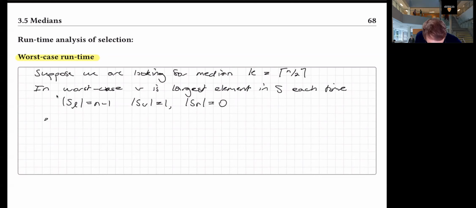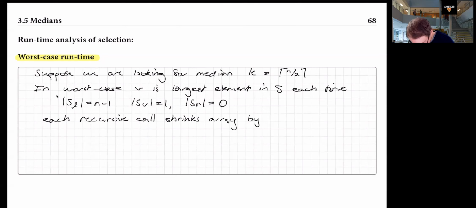So each recursive call shrinks the array by 1, right? Because now we're just going to search for the kth smallest in S left. We just removed 1, and that took us order n time to do the split. Split is, if you remember, actually big theta of n.